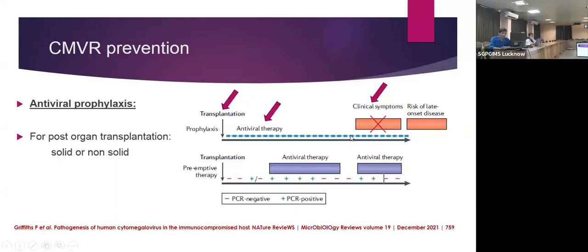as soon as this antiviral prophylaxis stops, when the immunosuppression has come down and we think the CMV risk has decreased, the risk of late onset disease starts.